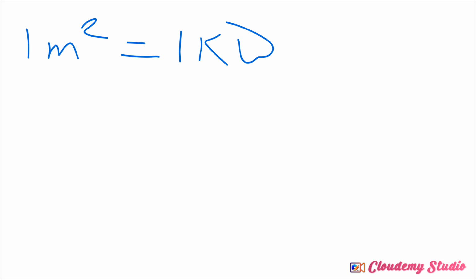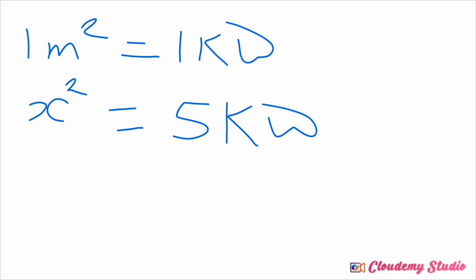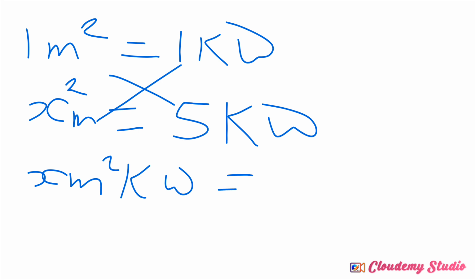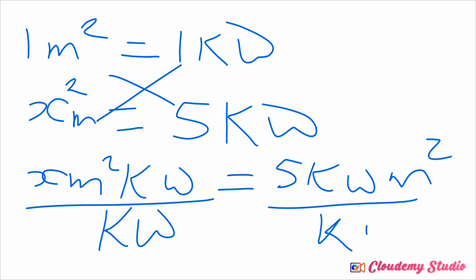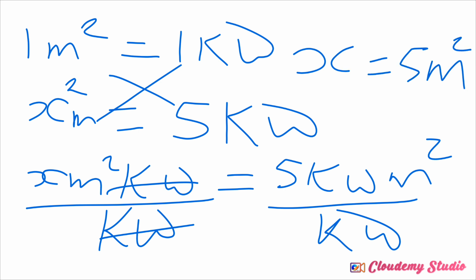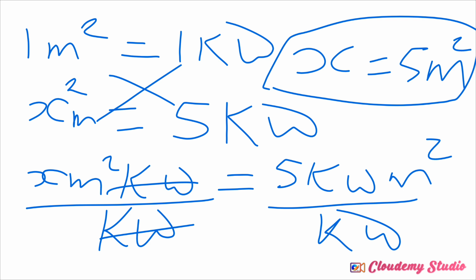We already found the power, but we don't know the area which is giving us the 5 kilowatts. So we have X meter squared kilowatt is equal to 5 kilowatt meter squared, over, we cancel kilowatt over kilowatt. This and this will go. So X, the area, is 5 meter squared. This is our answer.